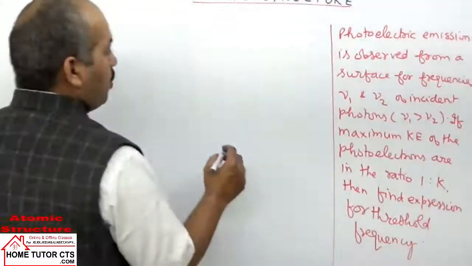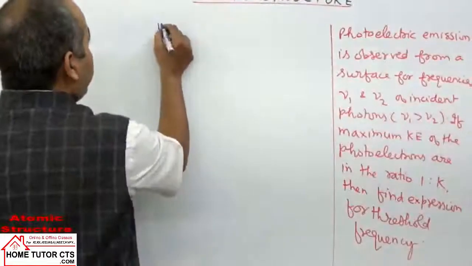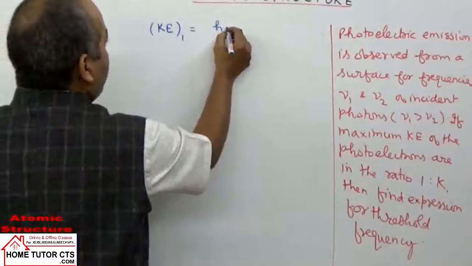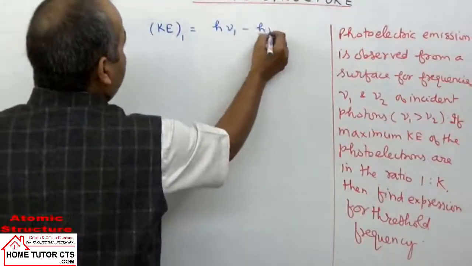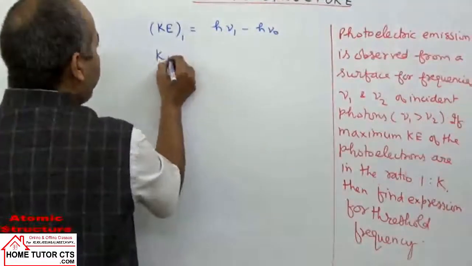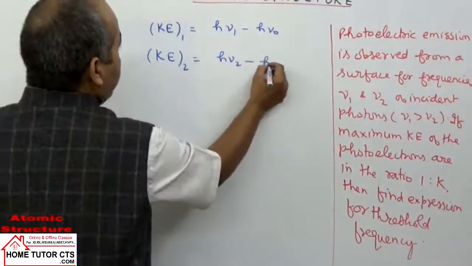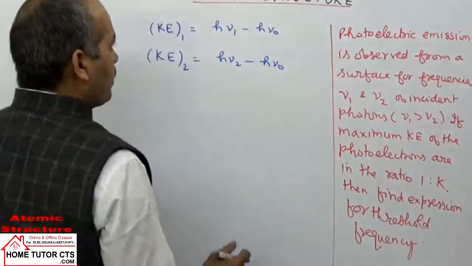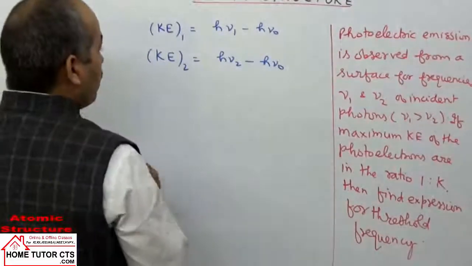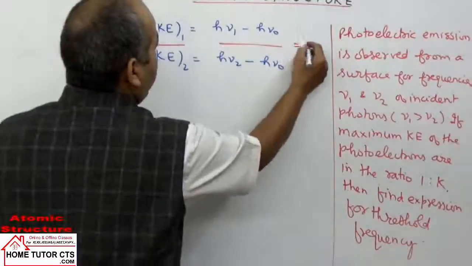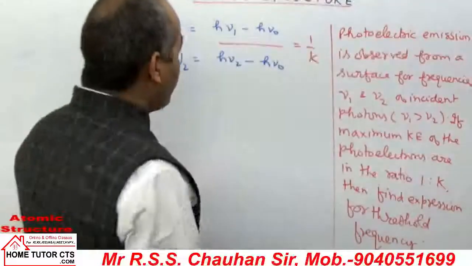In the first case, kinetic energy is h nu 1 minus h nu naught, and in the second case, h nu 2 minus h nu naught. The ratio given of these two kinetic energies is 1/k.